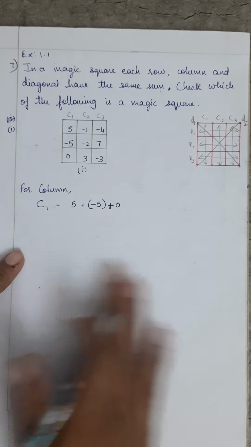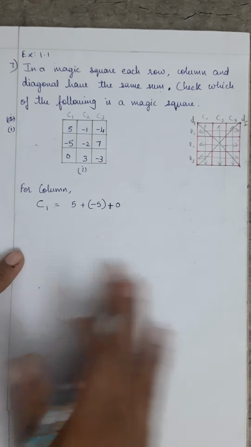Let's go to the second column, C2. C2 is -1 plus -2 plus 3. I can directly remove the bracket.